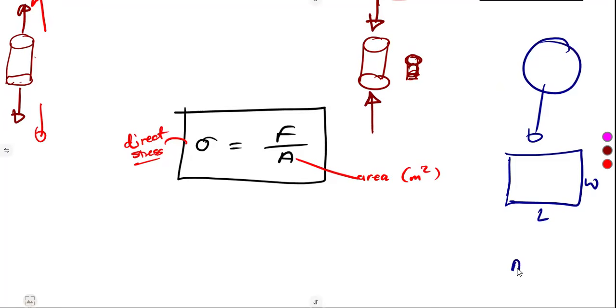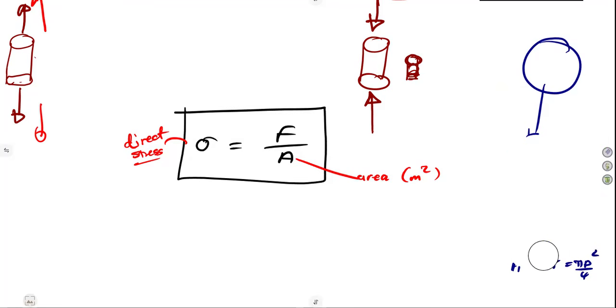Consider the area of a circle, pi r squared, or you can use pi d squared over 4, depending on the information that you are given there. Where is the force applied? You must consider the type, the shape that you are given.